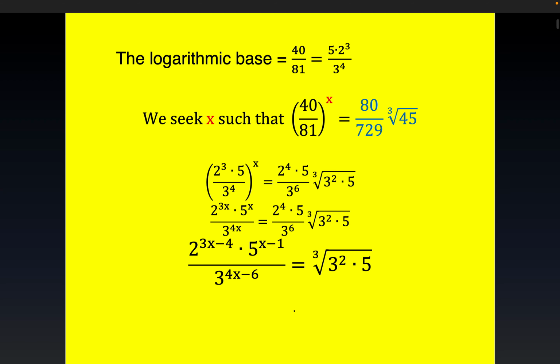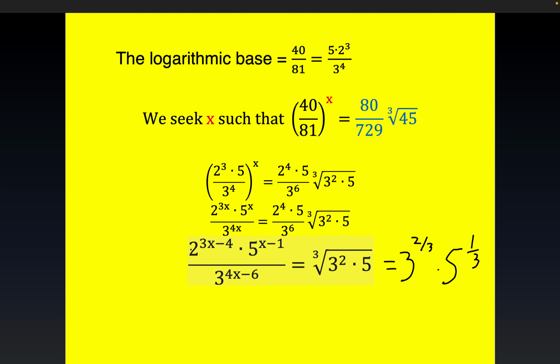Now, already we have some fairly good news right here. Notice that, let's just write this out over here on this side. Using exponential notation, which is quite convenient here, this is 3 to the 2/3, times 5 to the 1/3. But we get kind of a free lunch here on this problem, and that's noticing that 2 is not present on the right-hand side, and yet we have 2 as a factor over here.